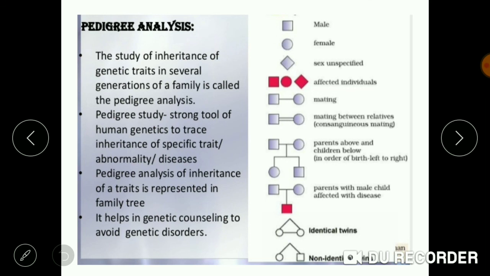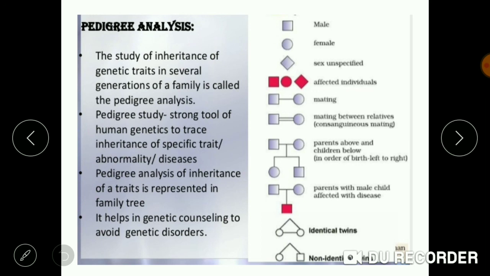Another topic is pedigree analysis. The study of inheritance of genetic traits in several generations of a family is called pedigree analysis. The pedigree study is a strong tool of human genetics to trace the inheritance of a specific trait or abnormality or the genetic disease running in a family.